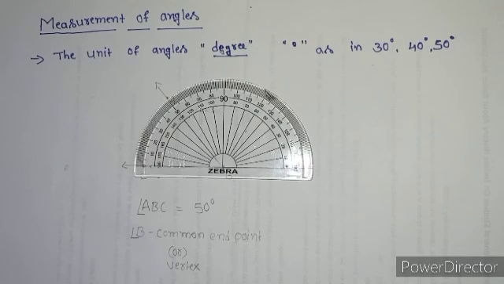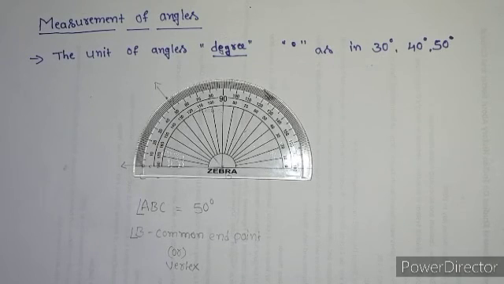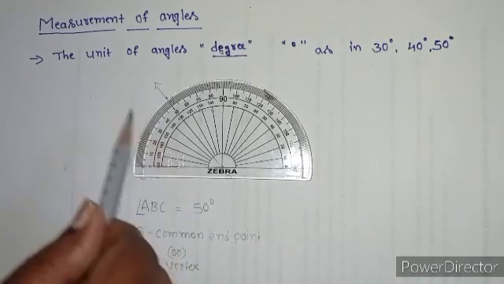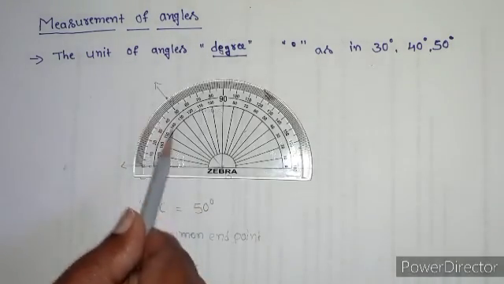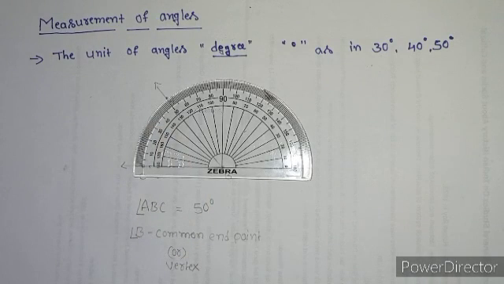Next we check the scale where the baseline arm points to 0 degree. Then read the measure of the angle where the other arm crosses the scale. These are the steps we need to follow when we measure an angle.